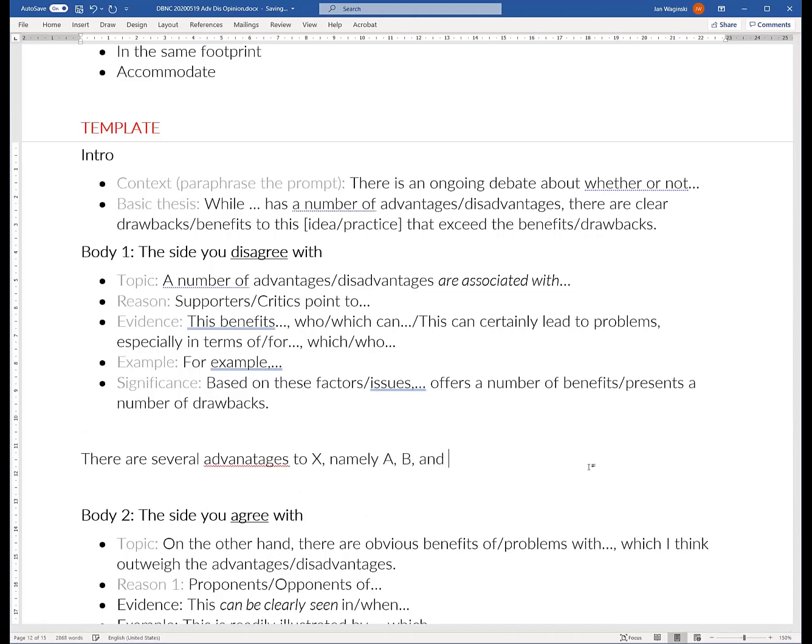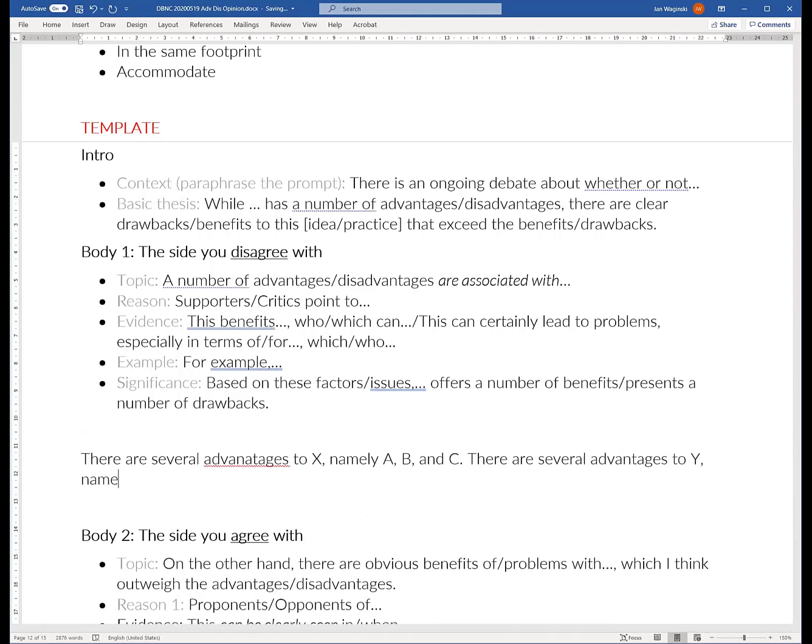Yes, like let's say we put "there are" instead of "a number of advantages", okay. That's right. Let me just do it like this.